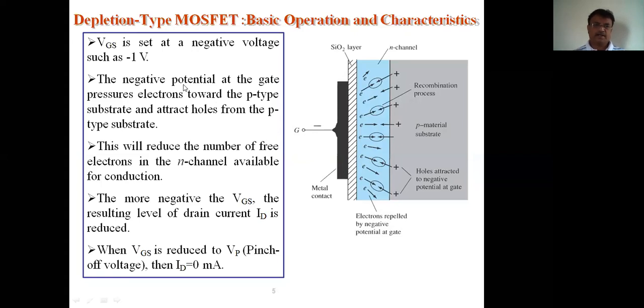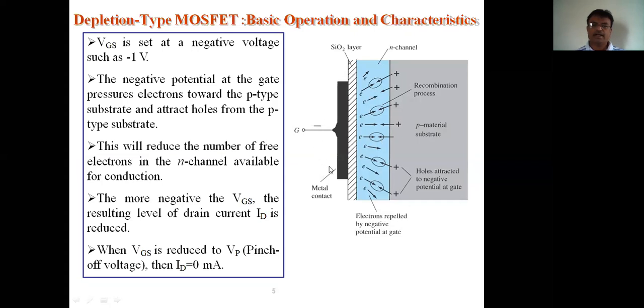Let us go through the text. The negative potential at the gate pressures electrons towards the p-type substrate and attracts holes from the p-type substrate. Holes are entering the channel. Electrons are moving away from the channel. You can see here, this will reduce the number of free electrons in the N channel available for conduction.